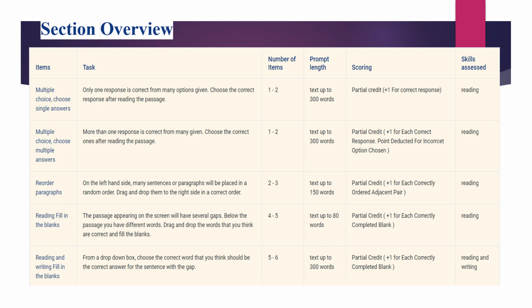You need to see the semantics of the word and the tense. So what goes correctly with the sentence, you need to select that option. The number of items can be 5 to 6, the text length can be 300 words, and +1 for each correct answer will be given. You will be assessed on reading and writing skills.